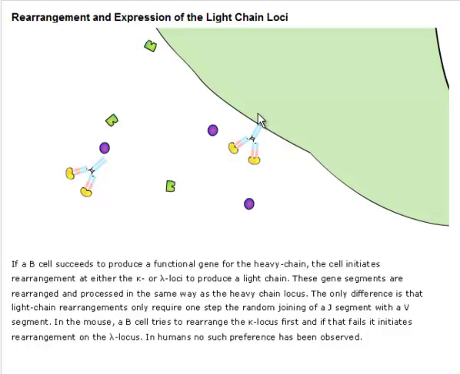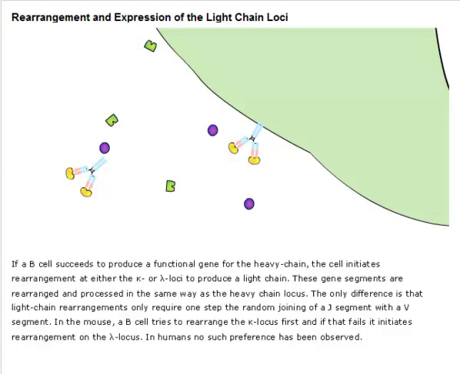Other antibodies of different classes and different subtypes could be embedded into the membrane of the cell, and these are going to stay on the surface of the cell and recognize the antigen. So B cells are special in that they can produce both soluble antibodies and antibodies that are on the surface of the cell.